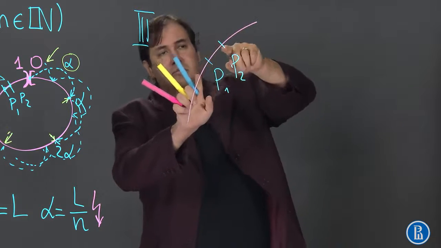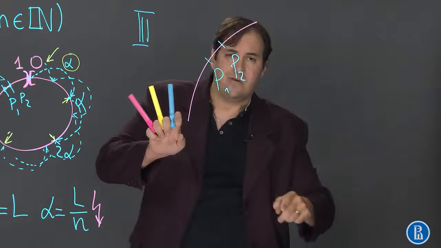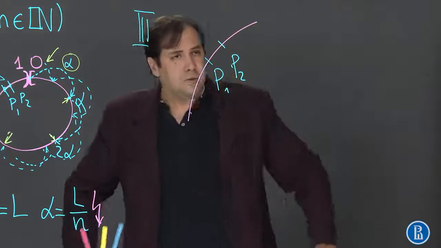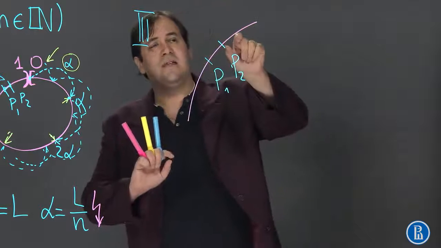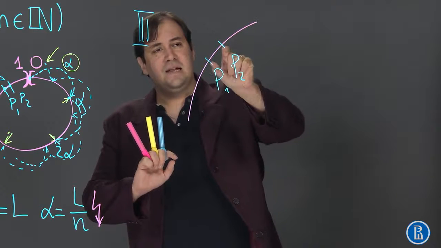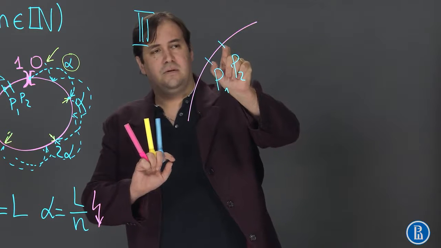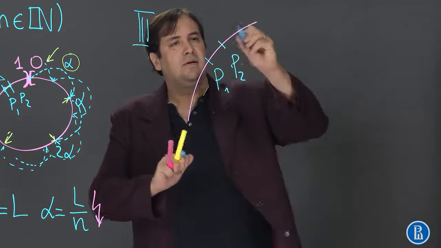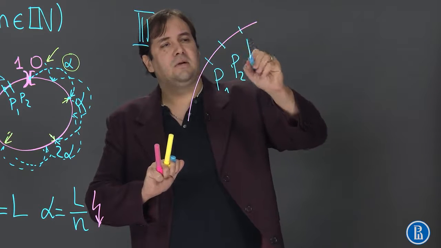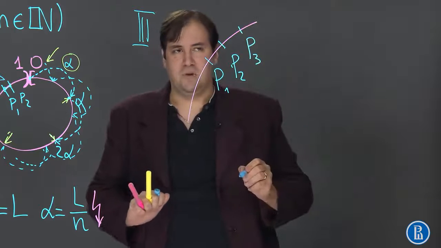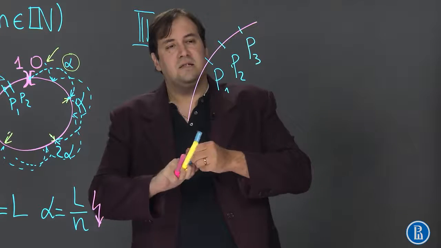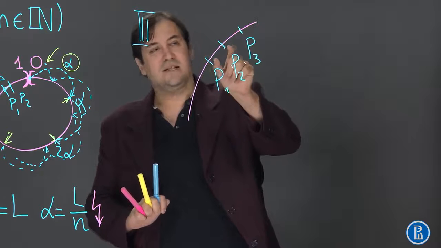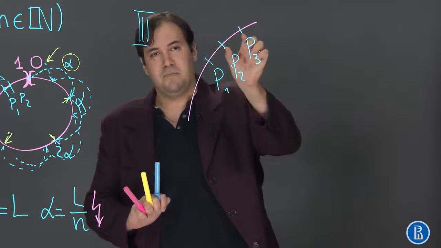Okay, then alpha, alpha, alpha, and so on. But what if the grasshopper takes another k steps? Then it will shift by the same distance, and it will get him into the point P3, where the distance between points P1 and P2 is exactly the same as the distance between points P2 and P3.